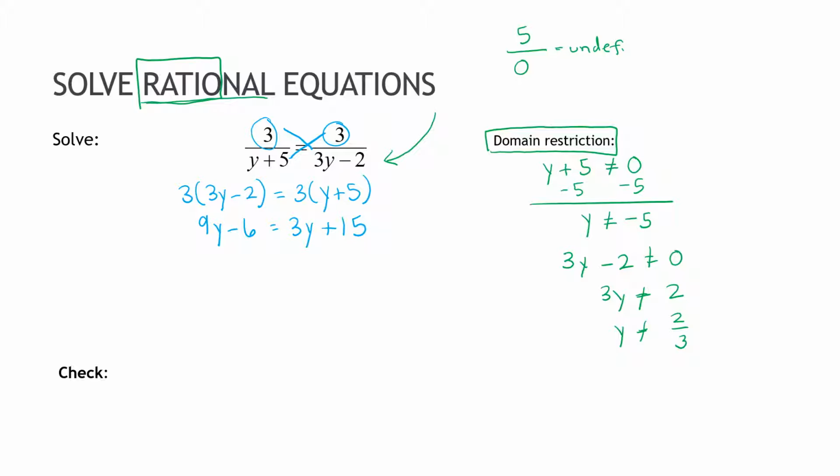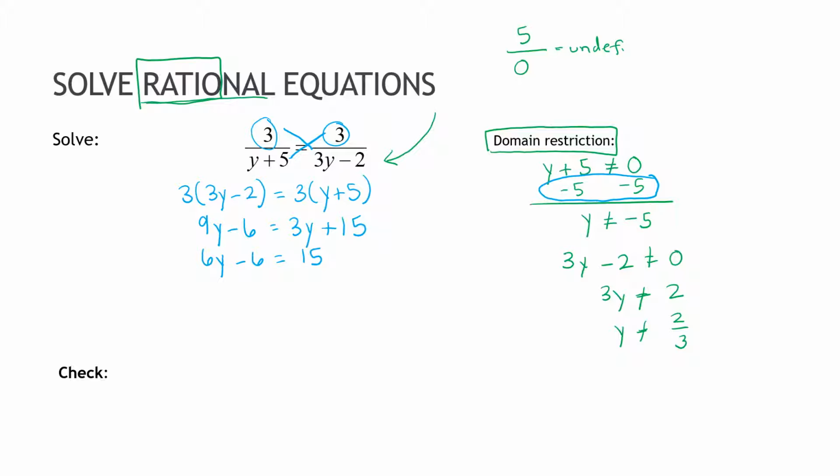Then I'm going to get all of the y's to one side. I'm going to choose to subtract 3y. And notice I'm going to start not showing this step because I don't need you to show that step. As long as you're doing one step at a time, I can follow what you're doing. So I'm going to subtract 3y from each side to give me 6y minus 6 equals 15.